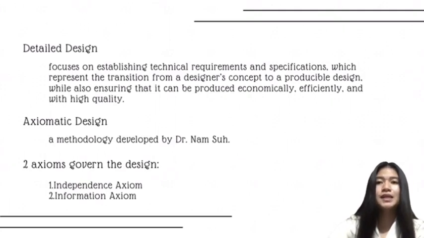This axiom is intended to reduce the design's information content. So given all the design that could meet the functional requirements, the one with the least amount of information will be the best option. However, these two axioms are very crucial in the design process because they guide and create the best possible product to achieve the desired functions.